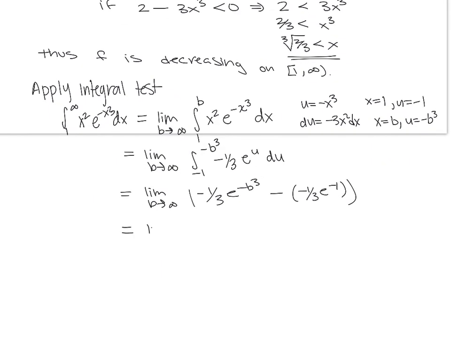All right, now that first term is the same thing as negative 1/3 e to the b cubed power, plus 1/3e. And this first term goes to 0. This integral goes to 1/3e.